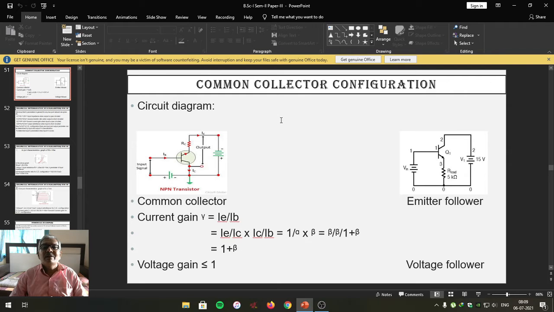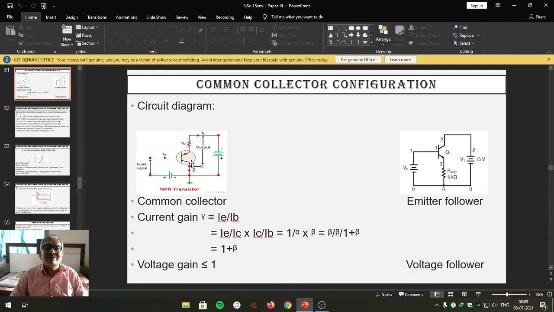Student friends, the circuit diagram for common collector configuration is represented here. It makes use of a BJT of NPN type. So this is the emitter on which the arrow is there.